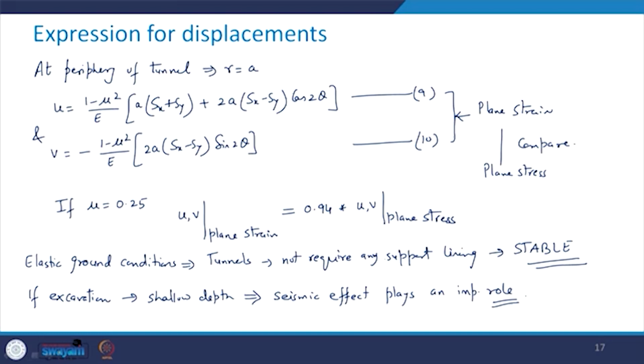So, as far as the expressions for displacement are concerned, we saw these for the plane stress as well as for the plane strain condition for a circular tunnel, and we see that when we compare these two, they are more or less of the same order for say mu equal to 0.25, and this is how the analysis of the circular tunnel can be carried out.